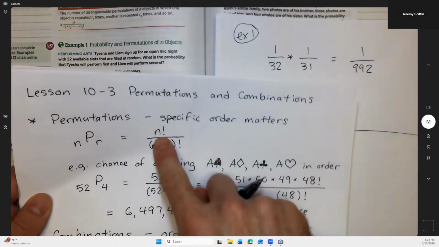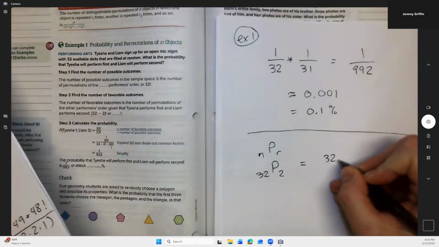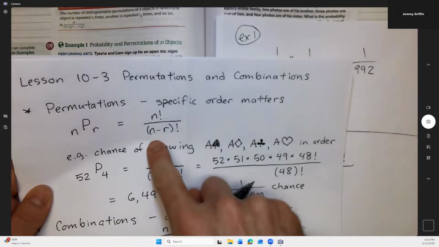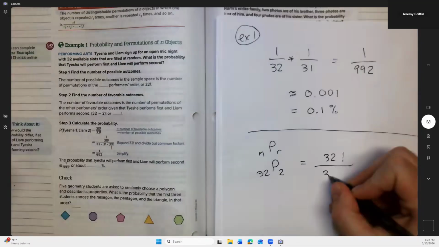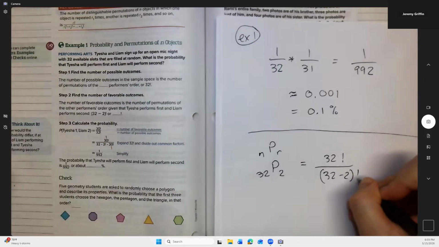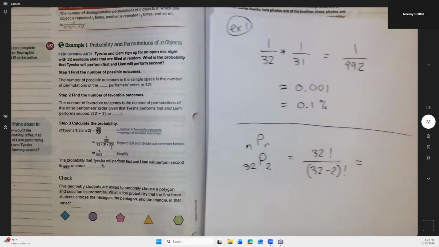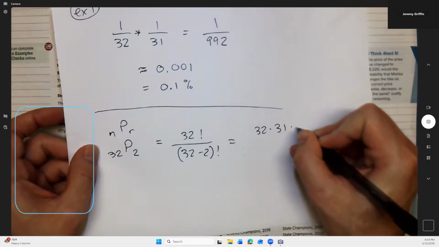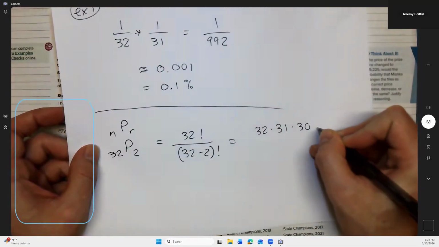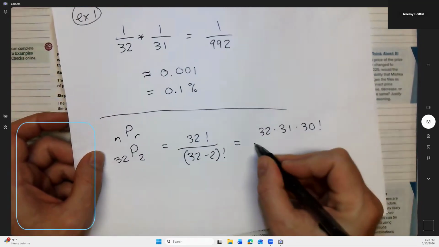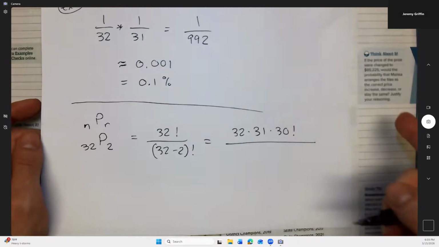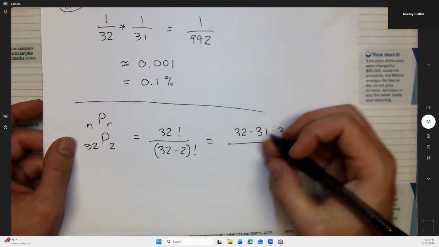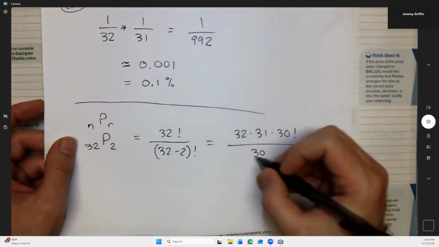So that's going to be 32 factorial over 32 minus 2 factorial. To expand that out, that's 32 times 31 times 30 times 29 all the way down. I'll end the factorial right there, because you can keep going 29, 28, 27, and so on. But 32 minus 2 itself is 30, and that's being factorial.